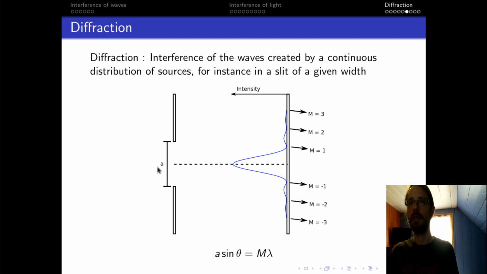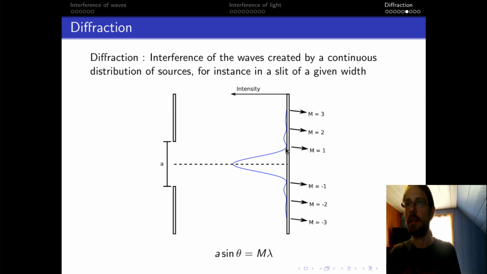A is again the width of the slit, lambda the wavelength, and m is an integer. In your textbook, they use a small m. I tend to use a capital one just to distinguish it from interference. However, you can use a small m if you'd like. It doesn't change anything. It is an integer, which corresponds to the index of the minimum we're looking at.